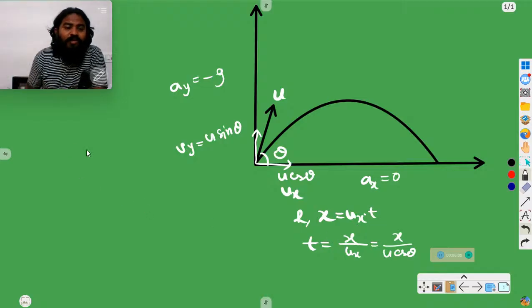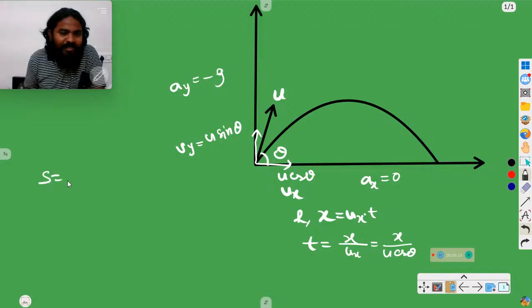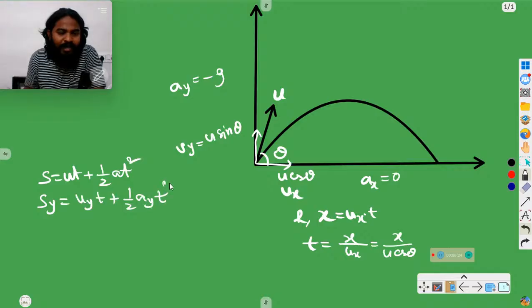Clear? Now for the vertical, let us take s is equal to ut plus half at square, right? Let us apply it along the y-axis: uy t plus half ay t square.